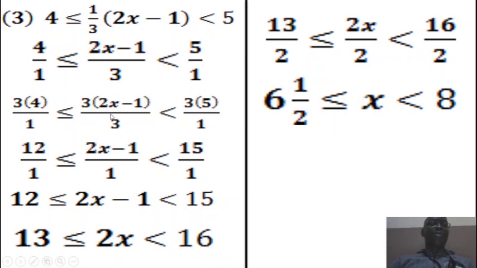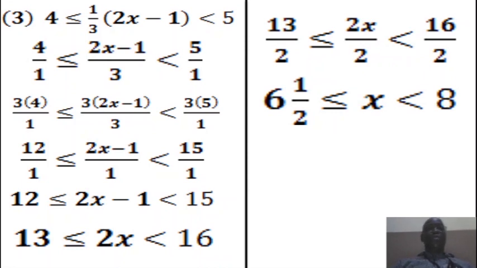But 3 will cancel 3. You are left with 2x minus 1. And 3 multiplying 4 is 12, while 3 multiplying 5 is 15. But any quantity divided by 1 is equal to itself. Therefore, we have 12 less than or equal to 2x minus 1 less than 15.